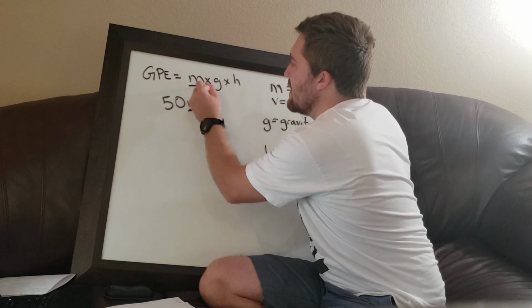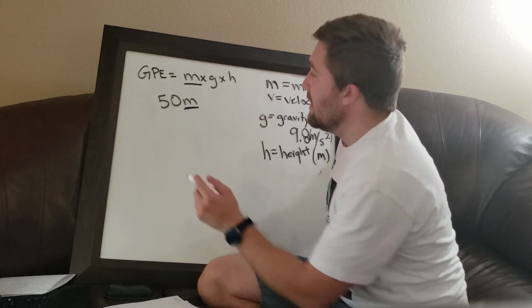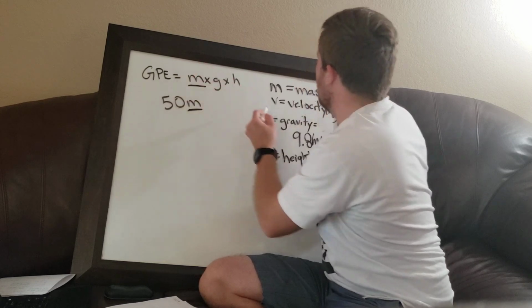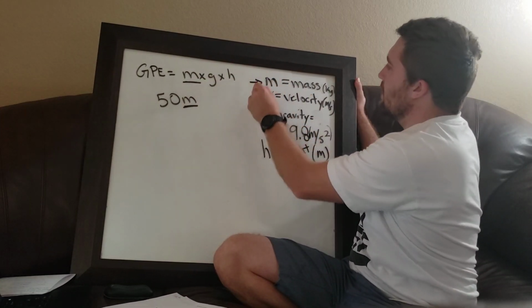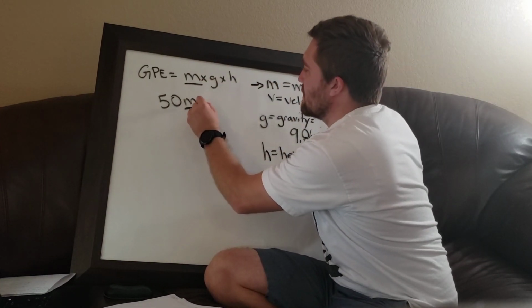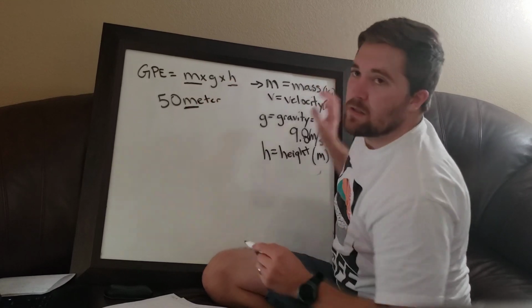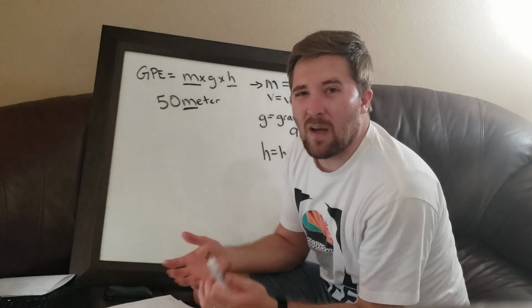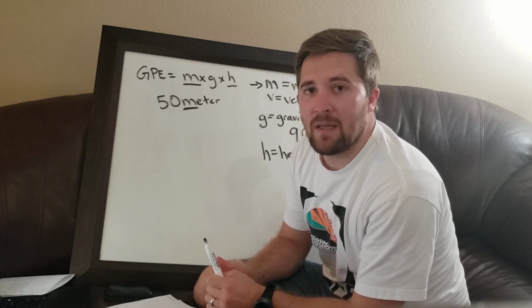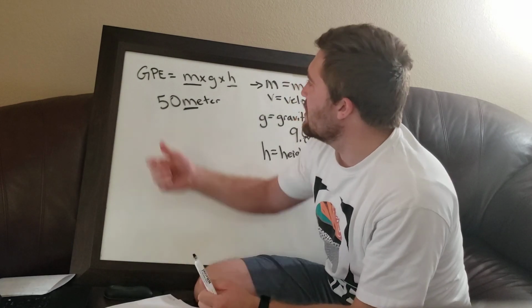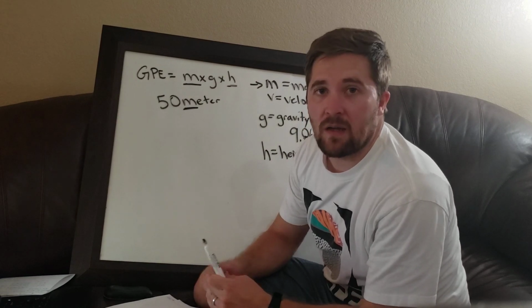This and this is not the same. This M is mass right here. This M is meters. This will be your height. So just make sure when you're reading the problem, you do not get confused on that. I think some people have been getting confused when we did the GPE worksheet.